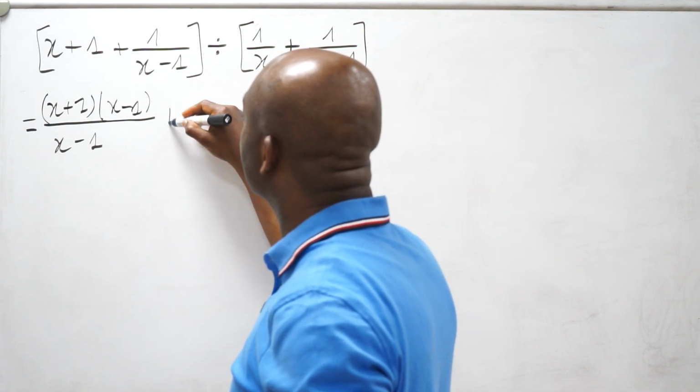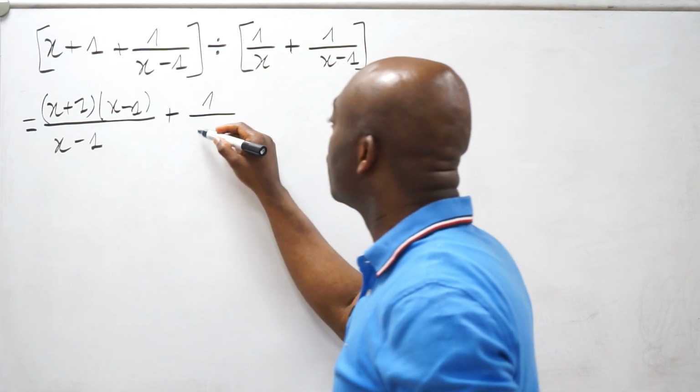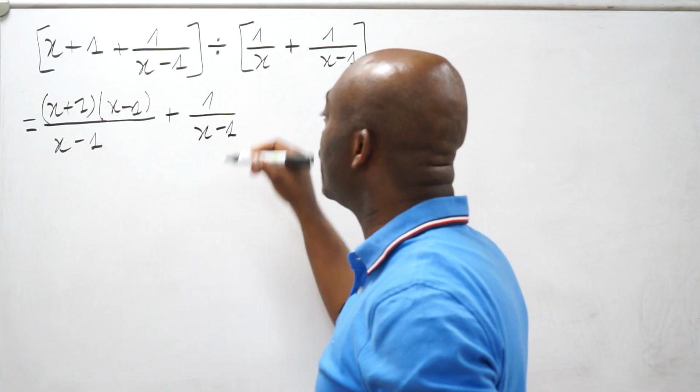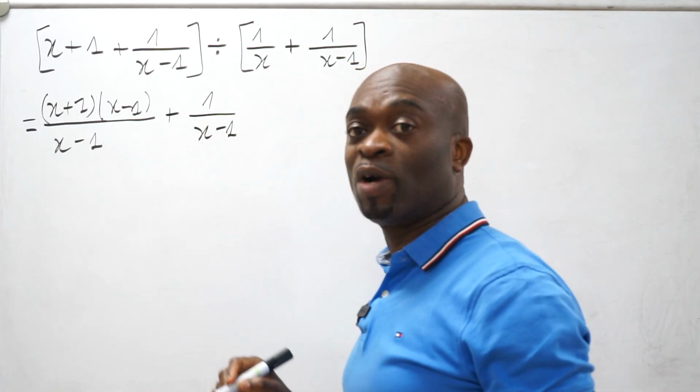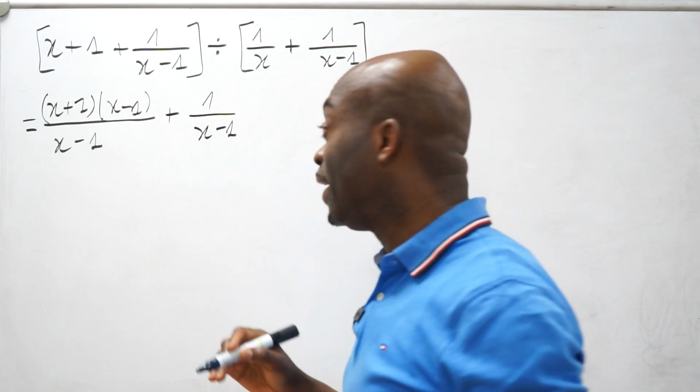Then plus 1 over x - 1, because there's nothing you can do about this one. The lowest common denominator is x - 1, so there's no change to be made, right?